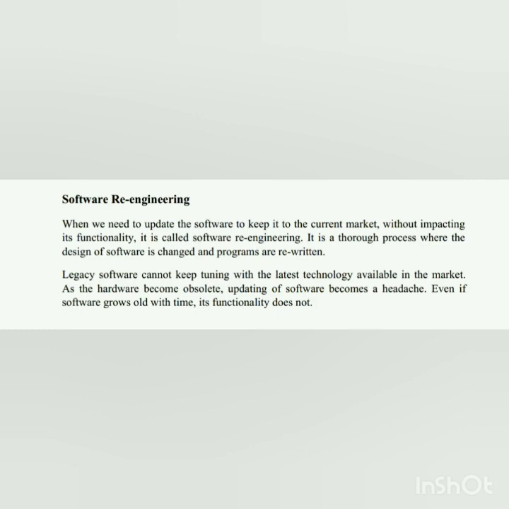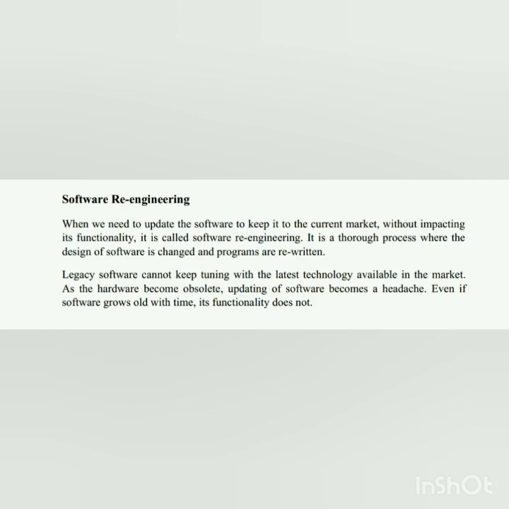So first of all, we will try to understand what is software re-engineering. The word re-engineering indicates that whenever an update of the software is available, we have to keep track of the current market situation without impacting the functionalities that are already available in the current version.